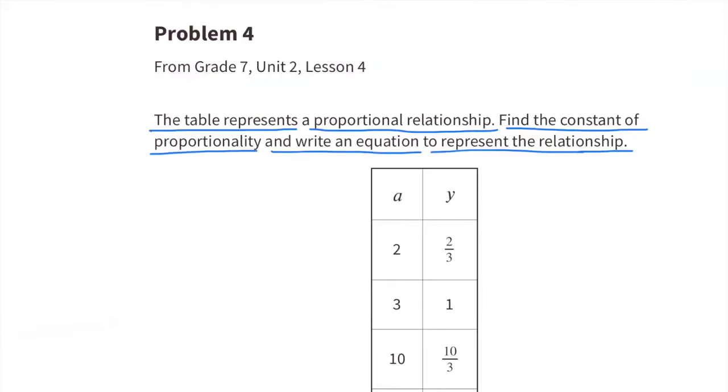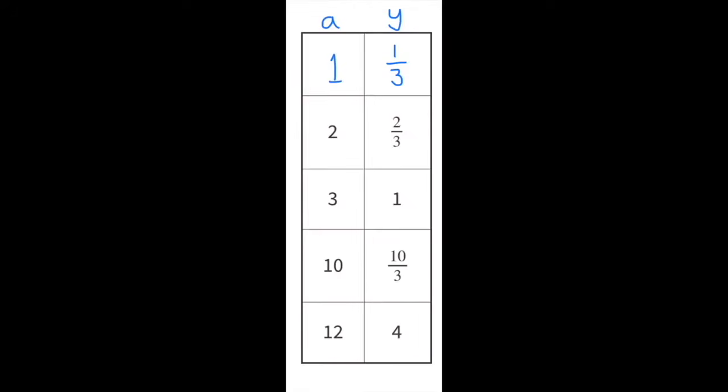Number 4. The table represents a proportional relationship. Find the constant of proportionality and write an equation to represent the relationship. When a equals 2 and y equals 2/3, then when a equals 1, y would equal 1/3, because 2 divided by 2 is 1, and 2/3 divided by 2 is 1/3.